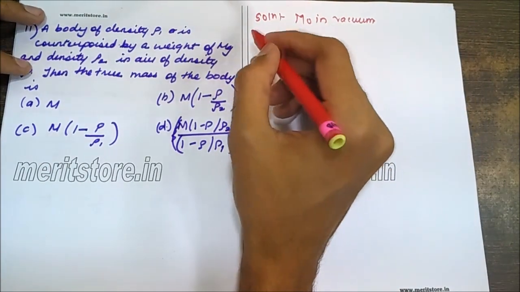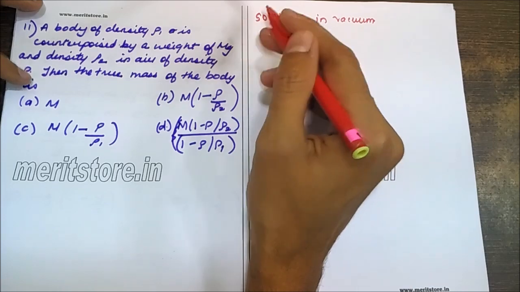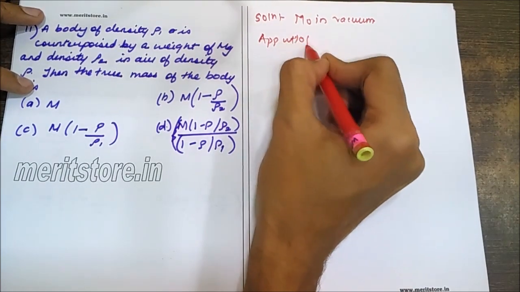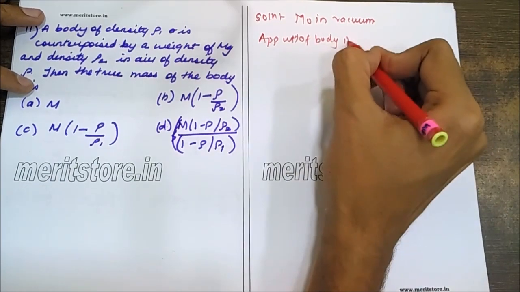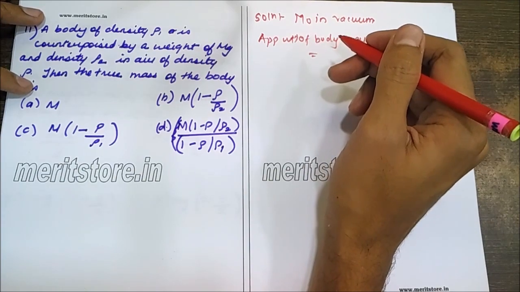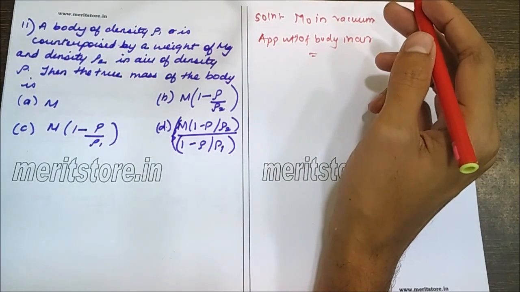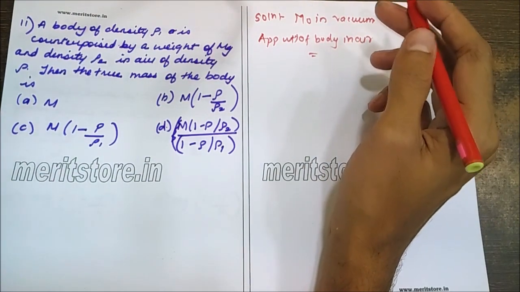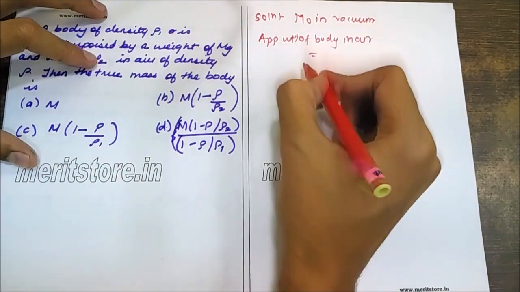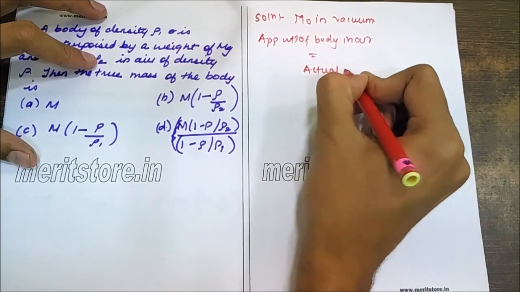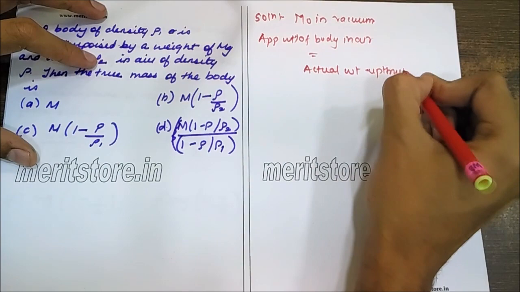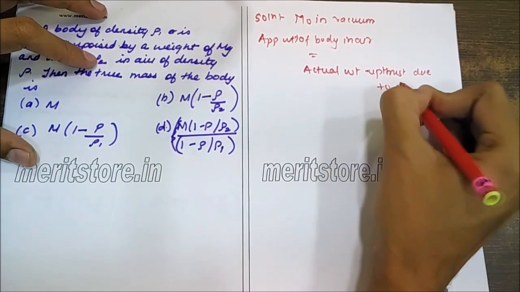Okay, the apparent weight of the body in air will be equal to the apparent weight of the weight used in the air. So that is equal to the actual weight minus the upthrust due to the displaced air.